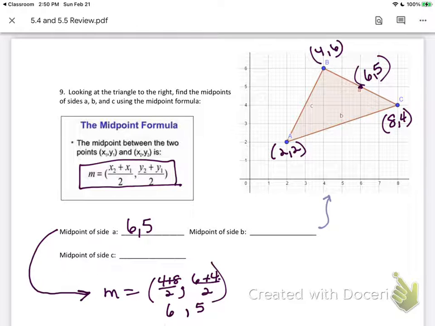So the midpoint of side B is going to be midpoint equals 2 plus 8, that's x1 plus x2 divided by 2, comma, 2 plus 4, that's y1 plus y2 divided by 2. 2 plus 8 is 10, 10 divided by 2 is 5, 2 plus 4 is 6, 6 divided by 2 is 3. This point right here is going to be 5, 3.